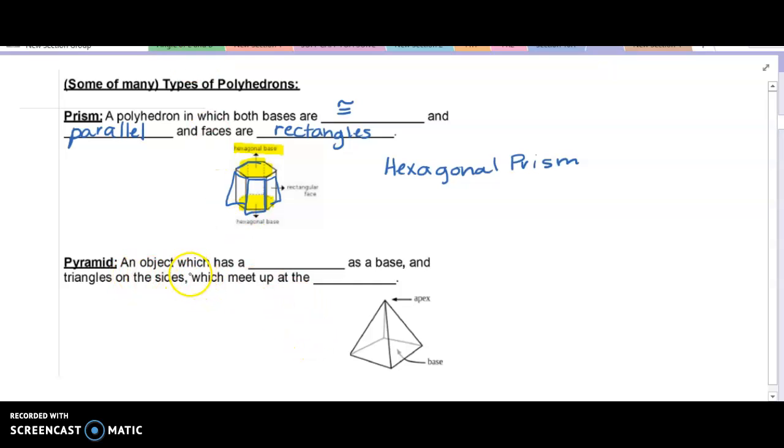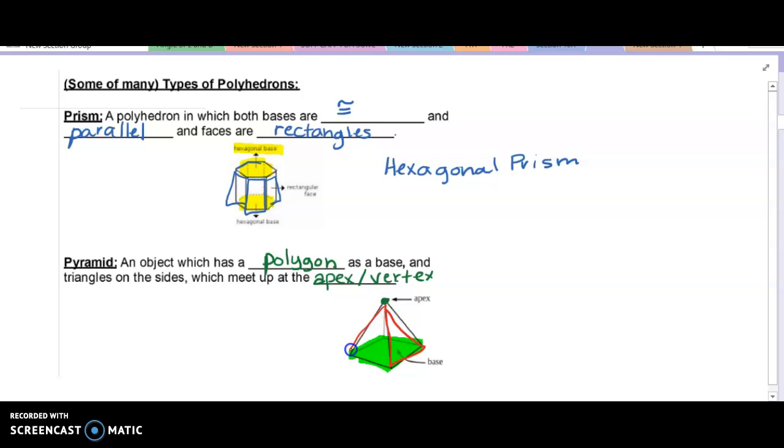A pyramid is an object which has a polygon as a base, and it meets up at the top at what some call an apex and some call a vertex. You'll see both of those. Once again, here's our base, and in pyramids, the sides are always going to be triangles.